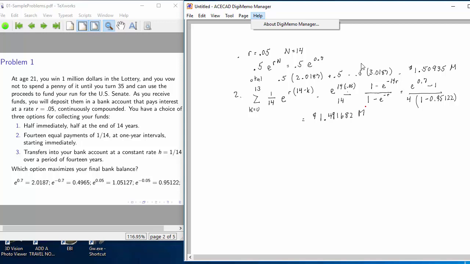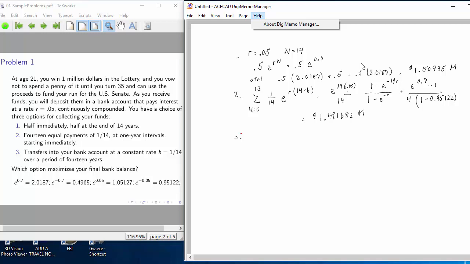Now let's look at the third alternative. The third alternative is one where the money trickles into your bank account at a constant rate in such a way that $1 million will trickle in over the course of 14 years.